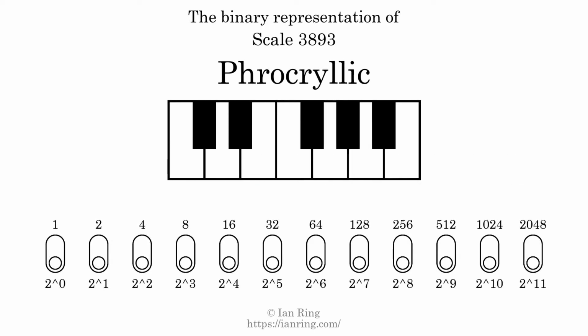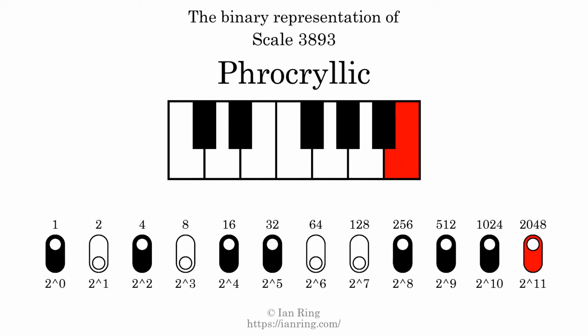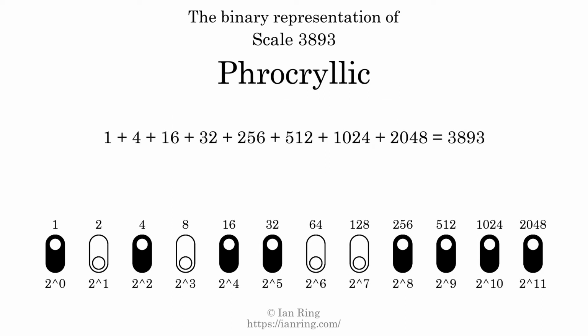The binary representation of this scale is determined by mapping tones of the scale to binary digits. Each binary digit represents a power of 2. To get the scale number, we add the powers of 2 together. The powers of 2 that are present in the scale, all added together, equals 3893.